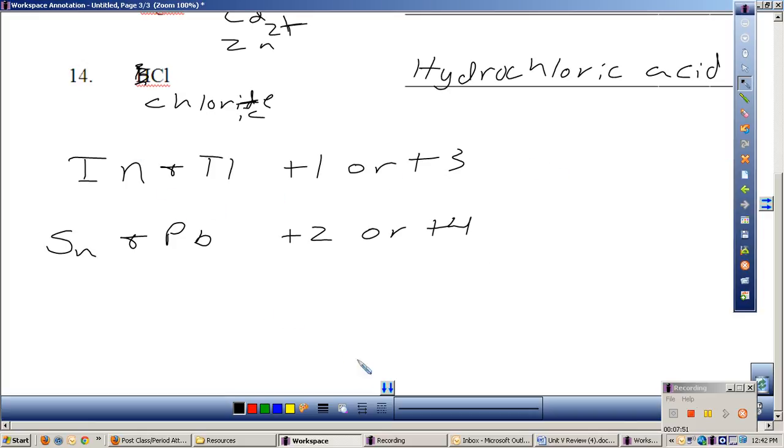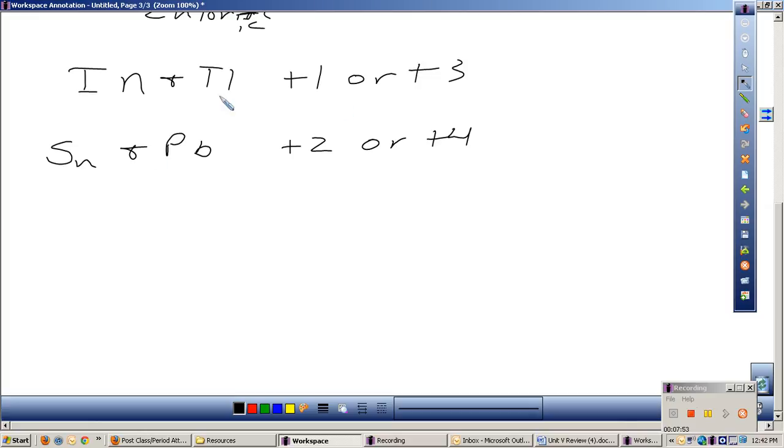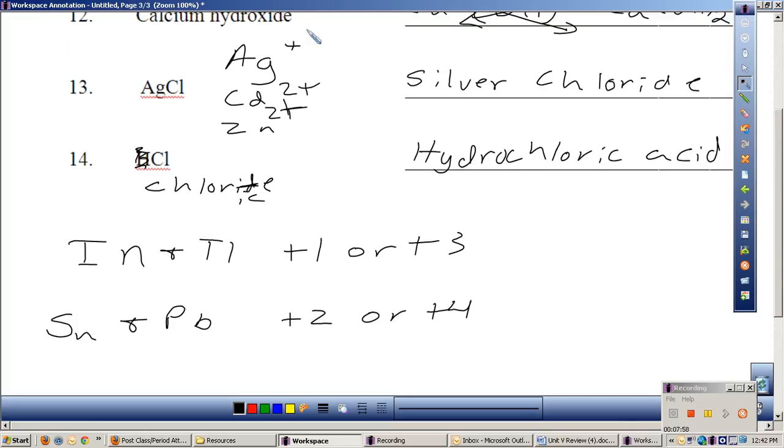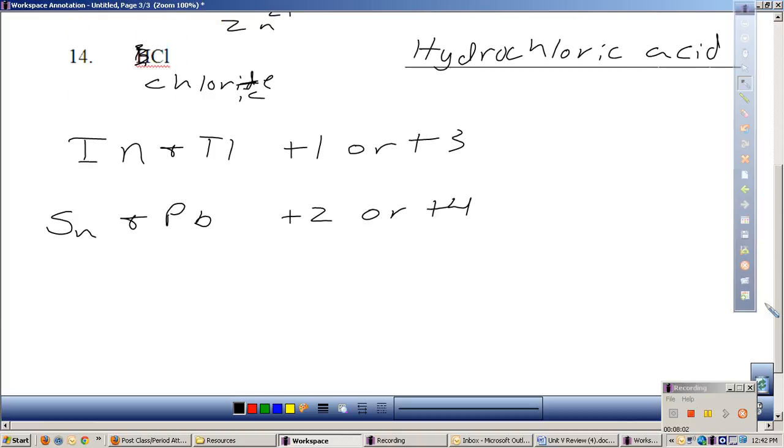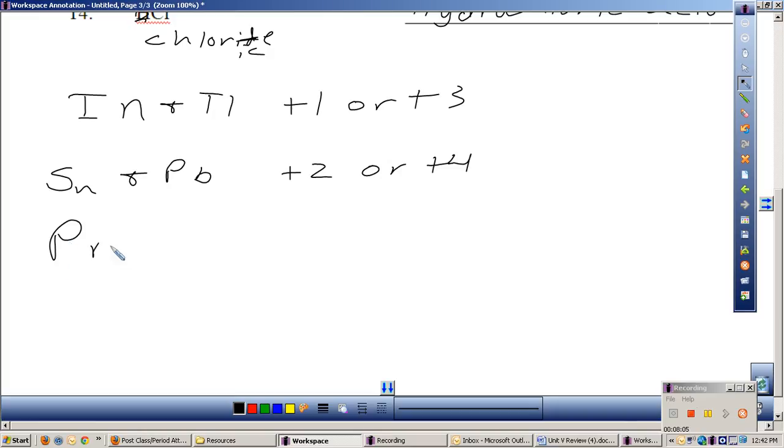Alright. So, that being said, for your test tomorrow, you need to know about these special cases as well as those three right here. The other part that you need to know about is the prefixes. So, di, tri, tetra.